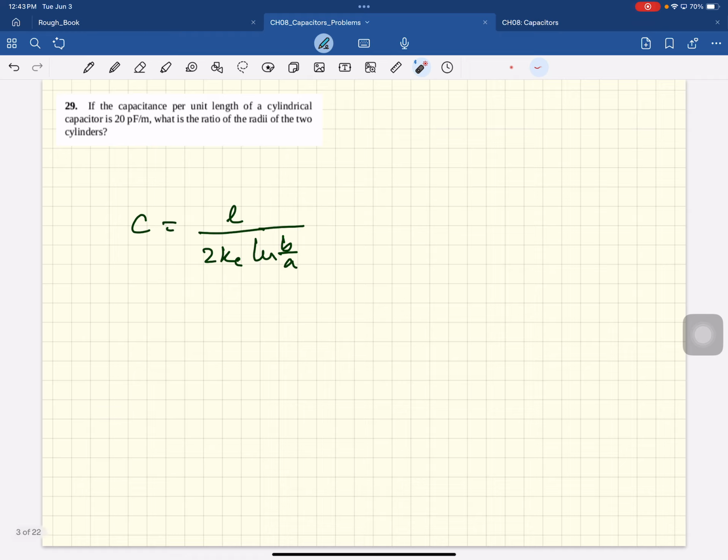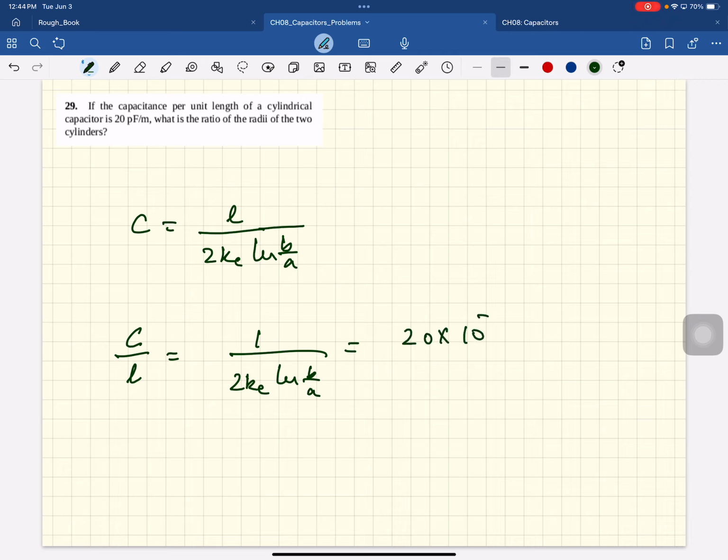And they tell you the capacitance per unit length. So capacitance divided by L is that, and this is equal to 20 into 10 to the minus 12 farads per meter.